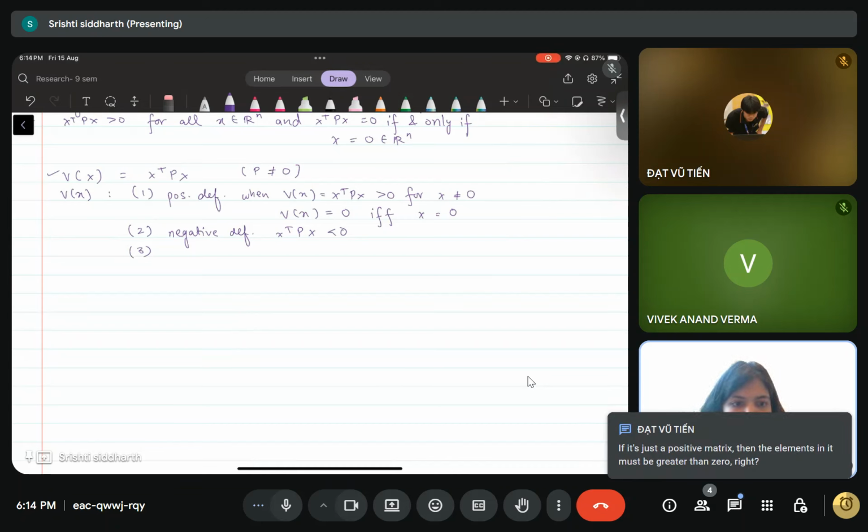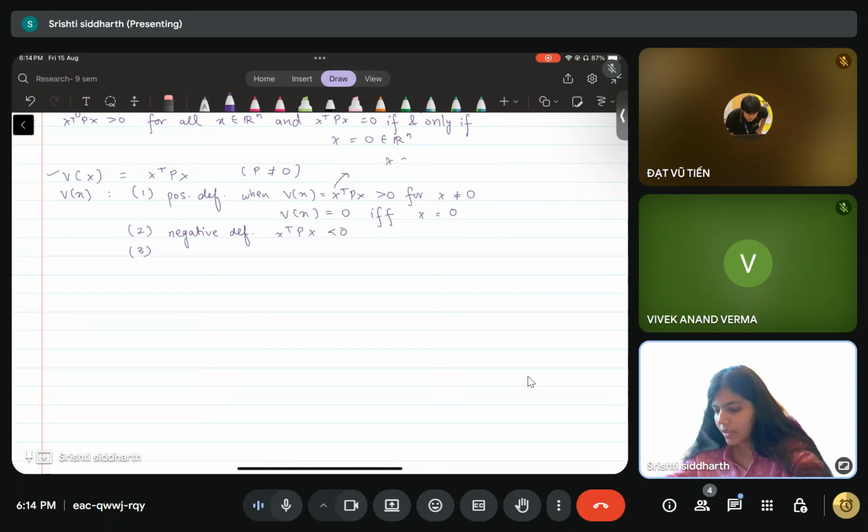No, because X could be any vector, right? If X is, for example, minus 1, 1, then some element of the matrix P could be negative to make this whole scalar positive, right? So X could be any vector, that's the point.